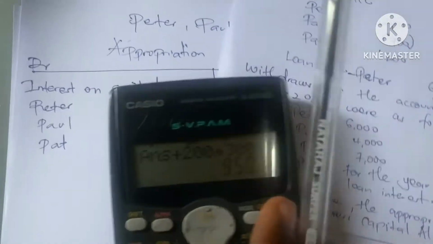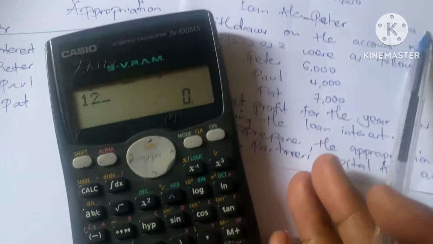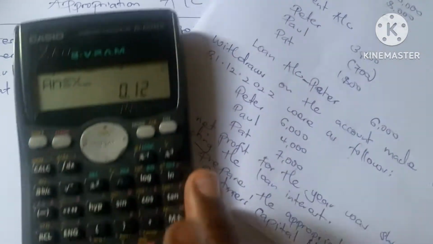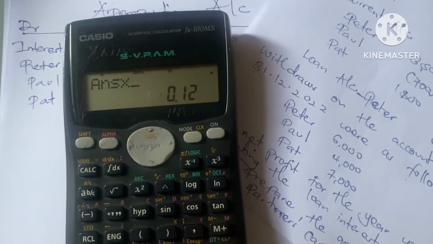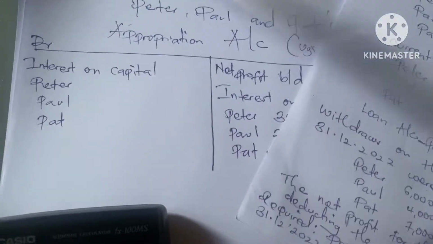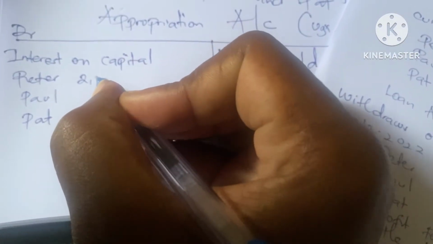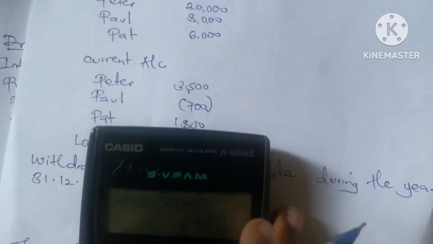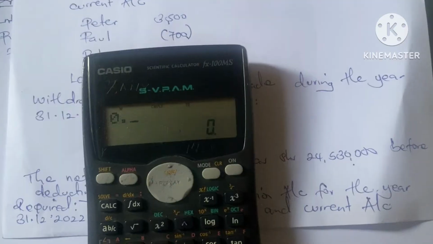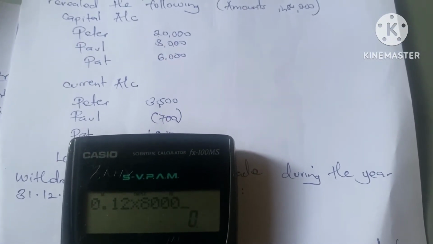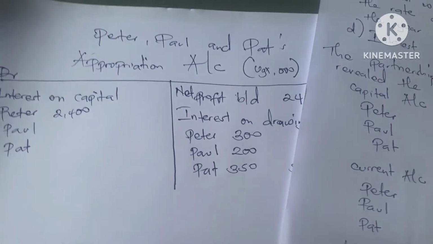So 12 out of 100 times, for Peter it is 20,000, which is 2,400. Then for Paul it is 0.12 times 8,000, which is 960.